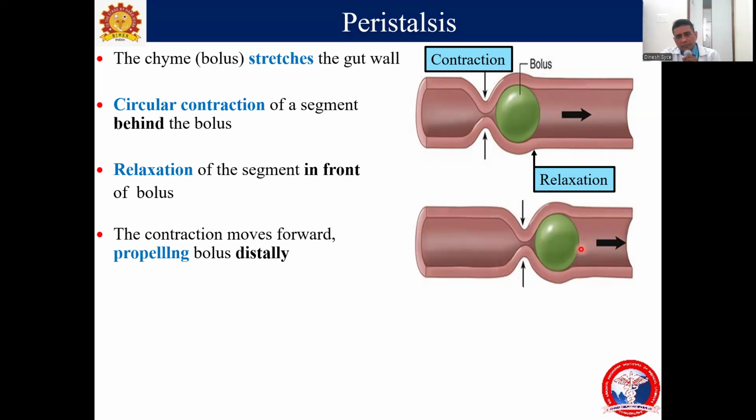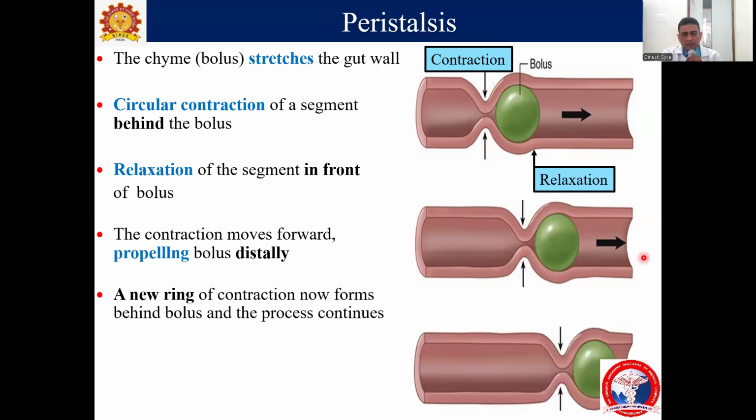So what's going to happen next? The same thing will happen over and over again. Another segment behind the bolus of chyme will contract, the segment in front will relax, and the food will be pushed just a little bit forward. This keeps happening over and over again, inch by inch.